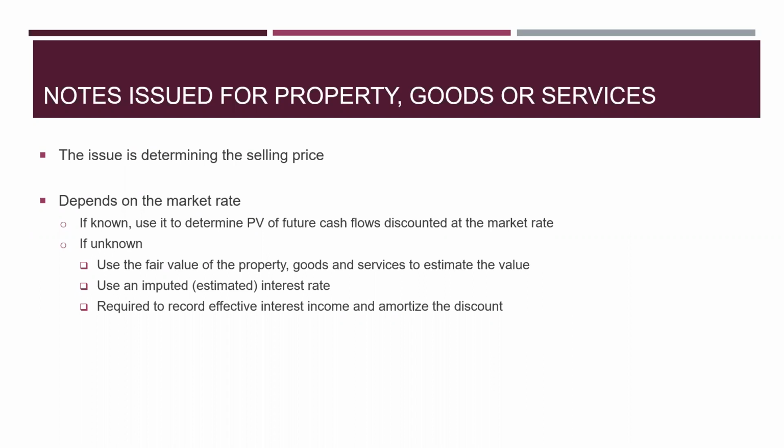But if that market rate is not known, which often can happen, especially if you're looking at businesses that follow ASPE standards, then we will use the fair value of the property, goods, or the services to estimate the value. From there, we can impute or estimate the interest rate, and then we are required to record the effective interest income and amortize the discount.